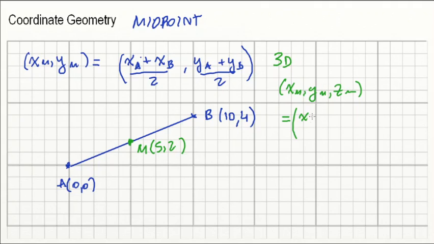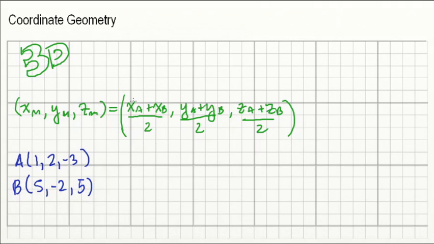So it's xa plus xb divided by 2. Let me write this in a better way. So there you go. To find the midpoint of two points A and B here, point A is given by xa, ya, and za, and point B is given by xb, yb, and zb. So to find the coordinates of the midpoint, you can just take the averages of those coordinates.